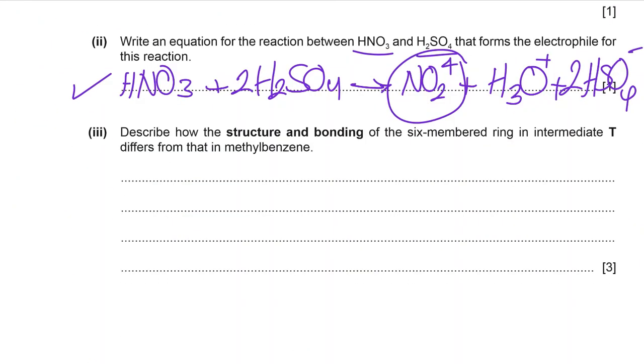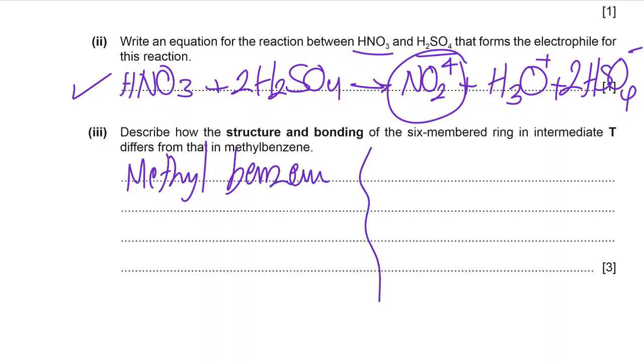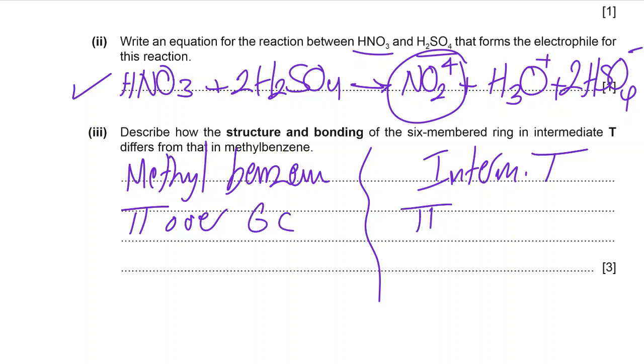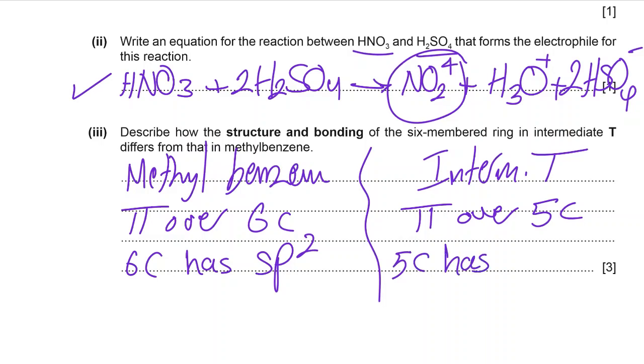Okay, so we can write here methylbenzene, and here intermediate T. Okay, here pi bond over 6 carbons, here pi bond over 5 carbons. 6 carbons have sp2, here 5 carbons have sp2, 1 carbon has sp3.